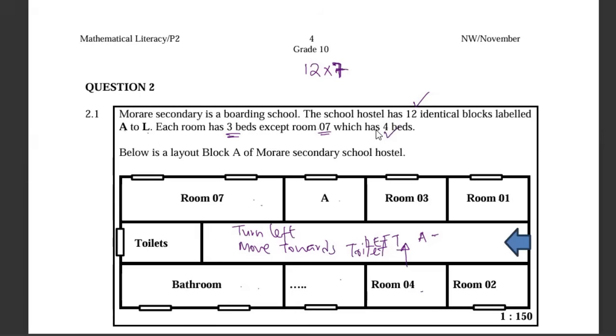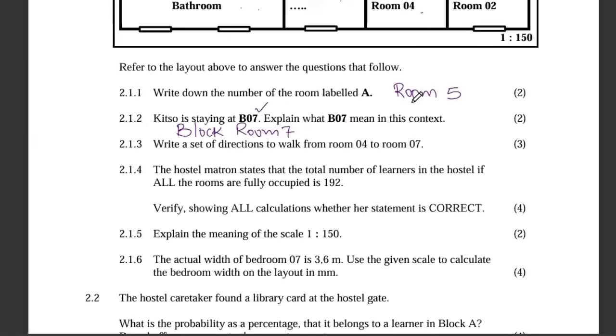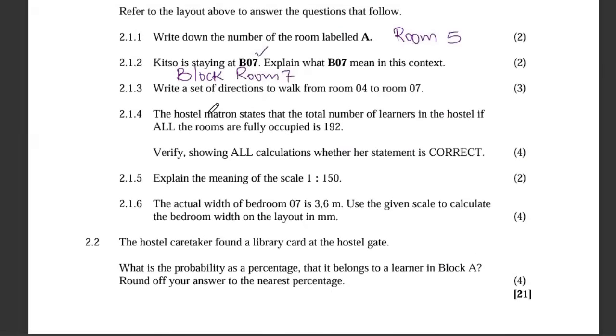And each, okay, let's do this. We shall say 12 times 6, I'm talking of the rooms, and each has 3 apart from room 7. So this one becomes 18 times 12. 200 and what? They claim to say the hostel matron states that the total number of learners in the hostel, if all rooms are fully booked, is 192.